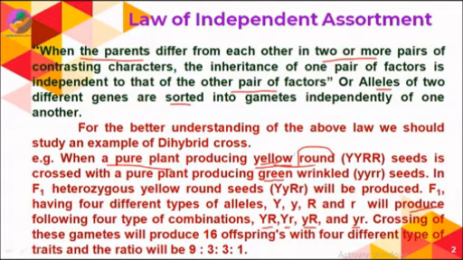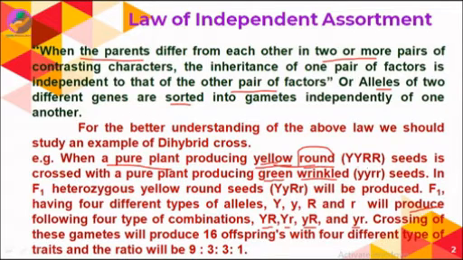The other pair is the shape of the seed: one seed is rounded and one seed is wrinkled. Yellow round is a dominant character and is represented by the genotype capital Y capital Y, capital R capital R. And green wrinkled is a recessive type of character, represented by small y small y, small r small r.